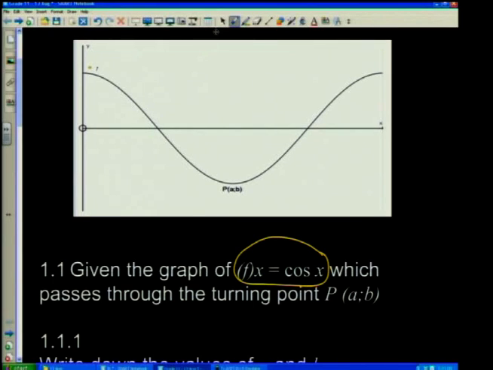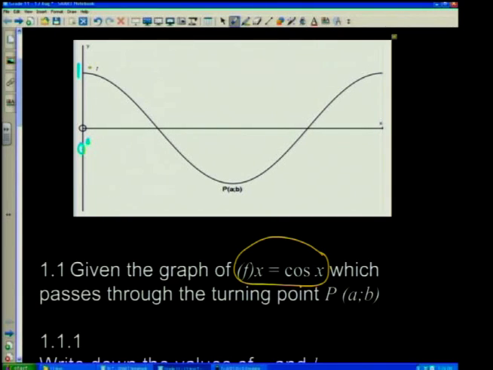And as part of our theory, we should be able to know what the basic features of that parent graph are. And I think they're actually highlighted by the picture. So at 0 degrees, we would have a maximum value of 1.